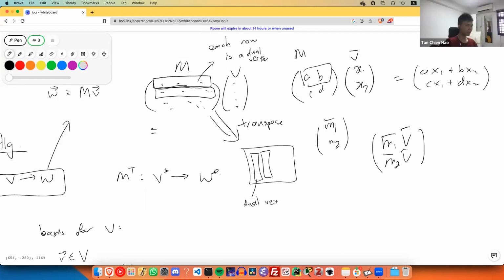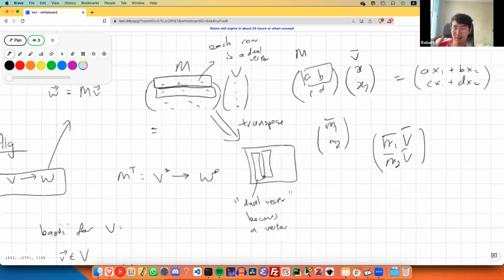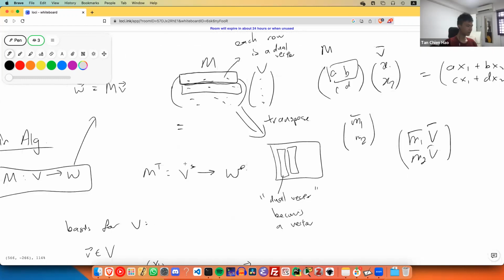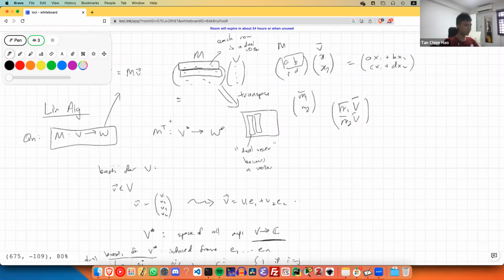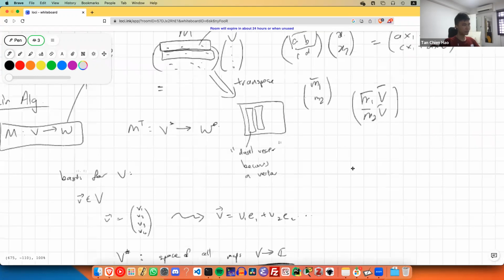Each dual vector becomes a column vector, kind of. So if we consider this M transpose as a map, how do you think of it as a map from V star to W star?